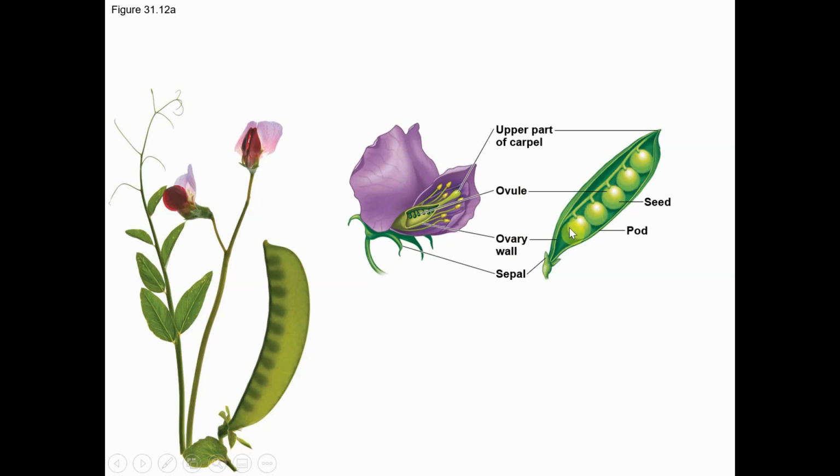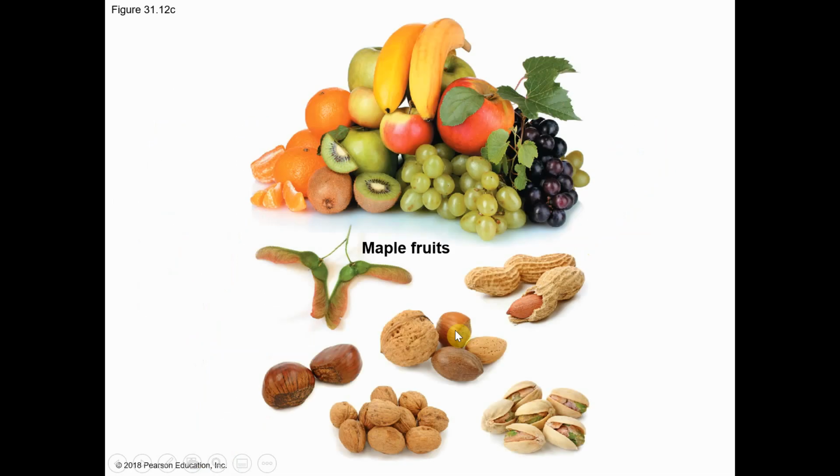And so now the ovary is going to develop into a nice thick protective structure that's going to be known as the pea pod. That's going to be a dried up, thickened ovary. And so that is a fruit, along with these fruits shown here.